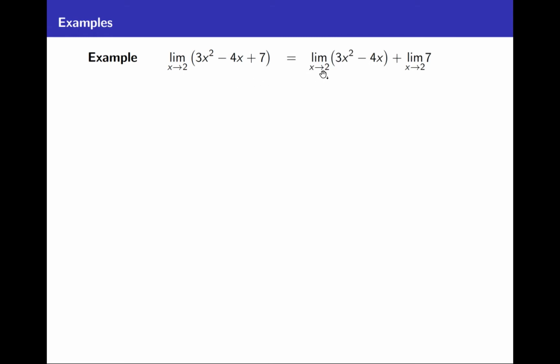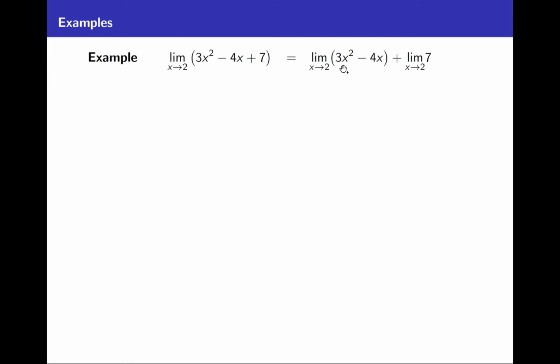We get the limit as x approaches 2 of that first function, plus the limit as x approaches 2 of that second function, 7. So we've broken this one limit up into two simpler limits. Now this simpler limit, the limit as x approaches 2 of 3x squared minus 4x, you could break that up further.